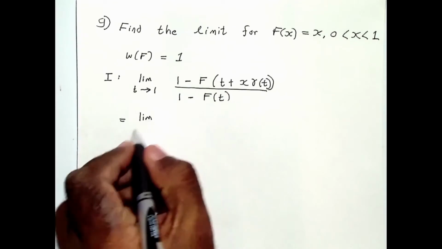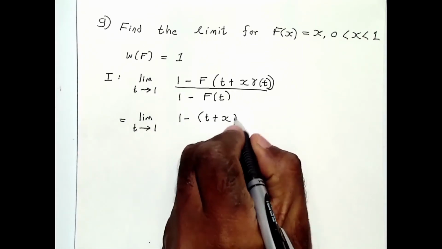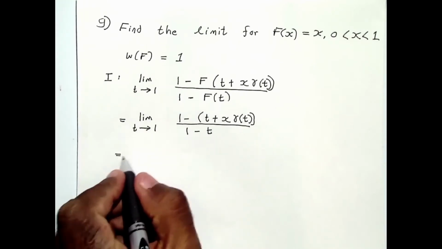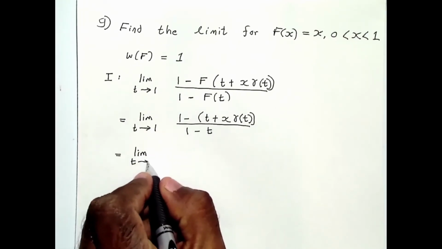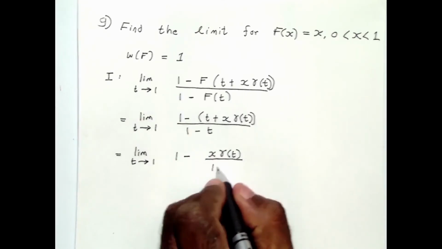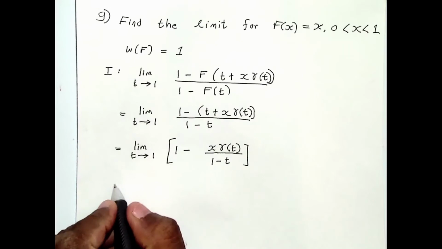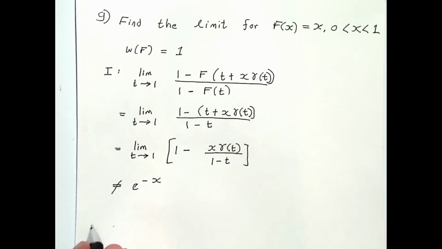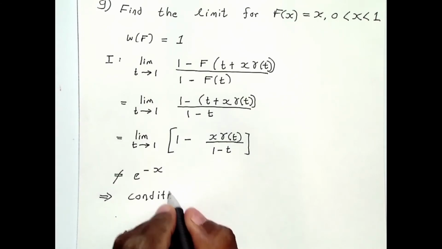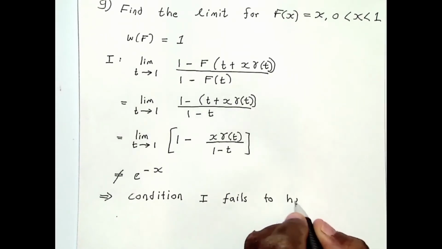So this is going to be the limit as t approaches 1... okay, and this you can write as the limit as t approaches 1 of 1 minus... okay, and there's no way that the limit of this is going to be equal to e to the minus x, right? So hence condition 1 fails to hold.